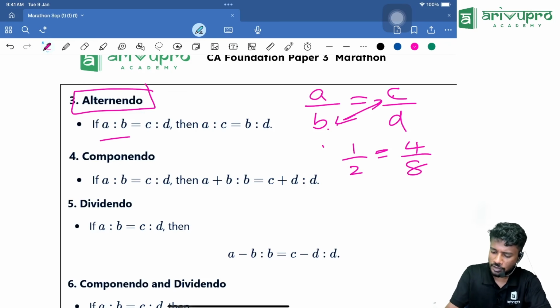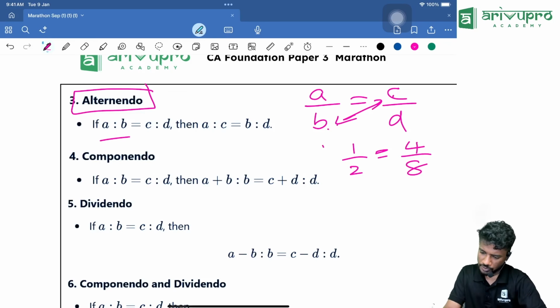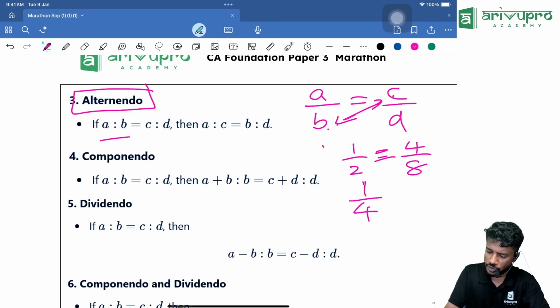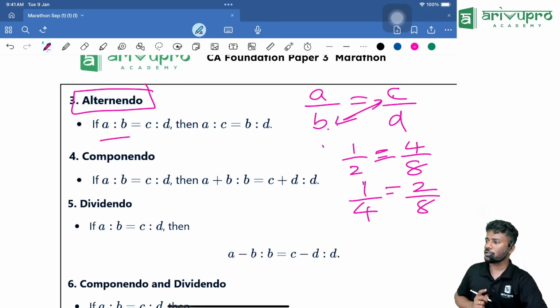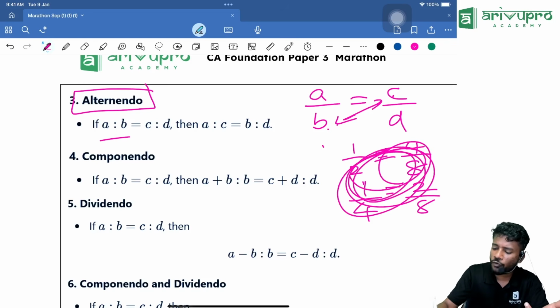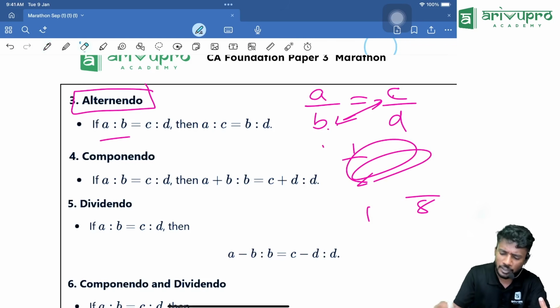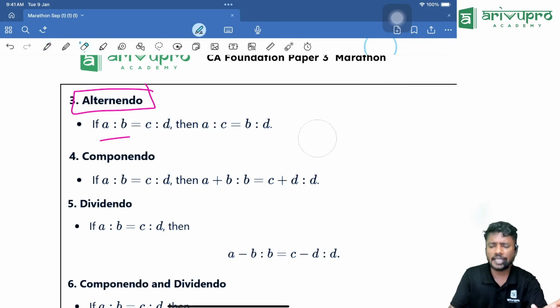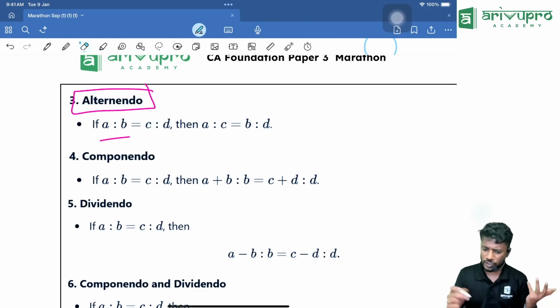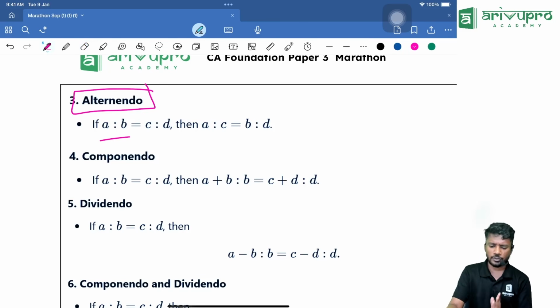Now we will check. 1 by 2 is equal to 4 by 8. Yes. 1 by 4 is equal to 2 by 8. Is it same? 2 by 8 is how much? Both are equal. Yes, that is the same. That is the meaning of alternando. That means if numbers are in proportion, they should satisfy all this. The question will come in a different pattern. That also I'll show you.